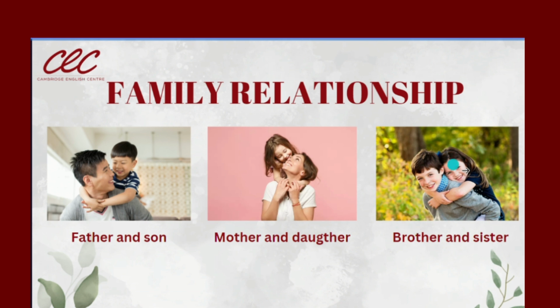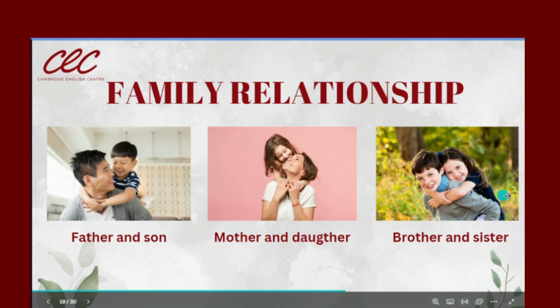They are brother and sister. They are mother and daughter. And they are father and son, right? This is the daughter. This is the son. He is the brother and she is the sister. These are some of the relationships that we can find within a family, okay?